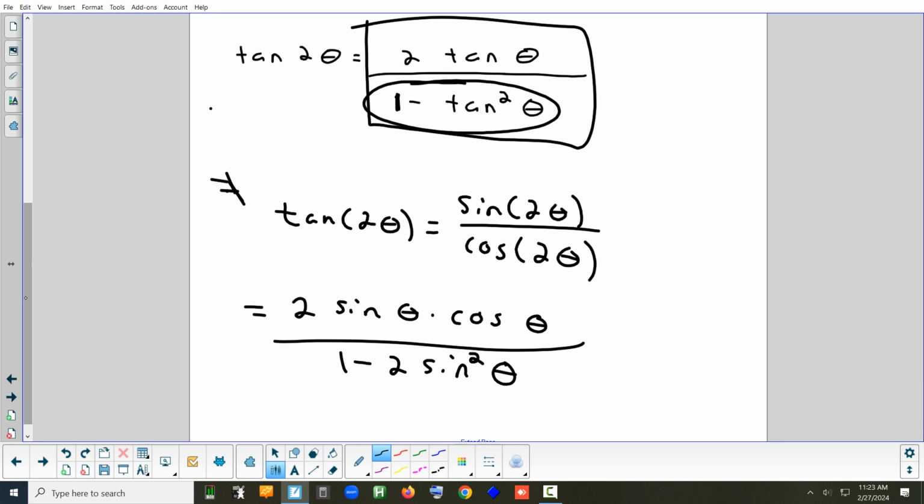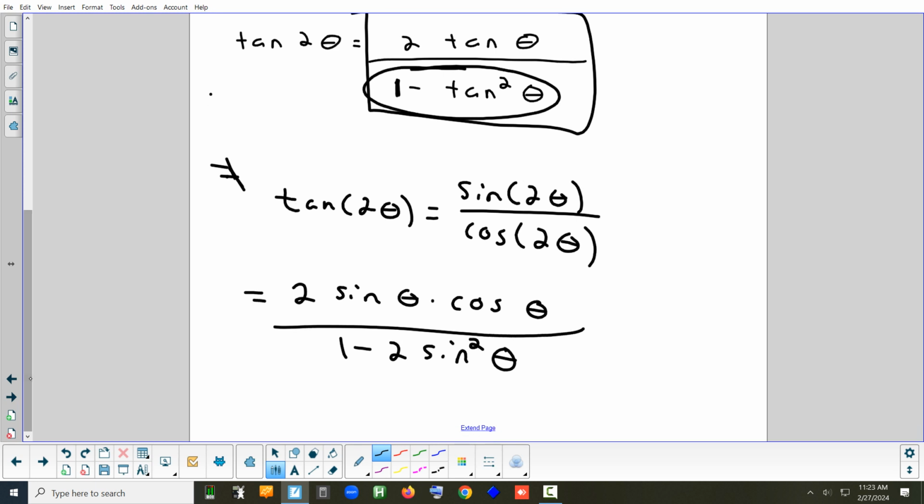Any thoughts on what we could try to do? Dividing everything by sine, and dividing everything by cosine theta, because then it cancels out. How about dividing everything by cosine squared?